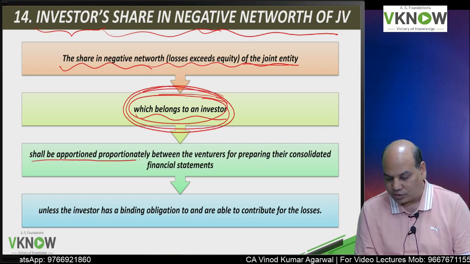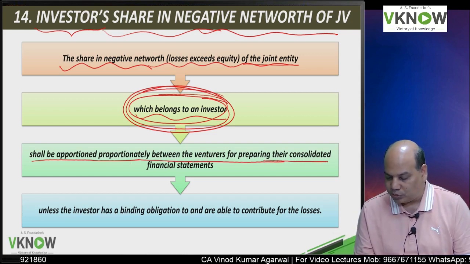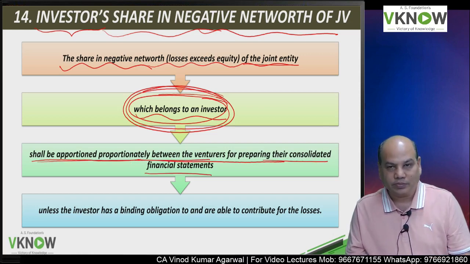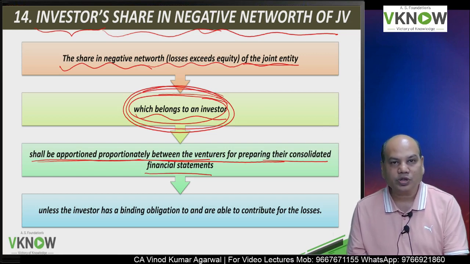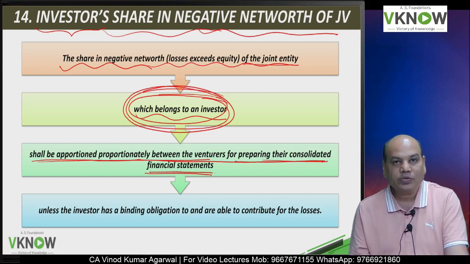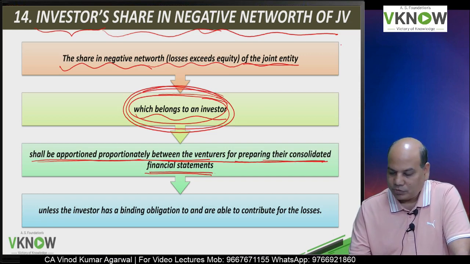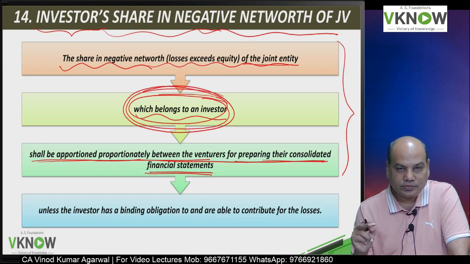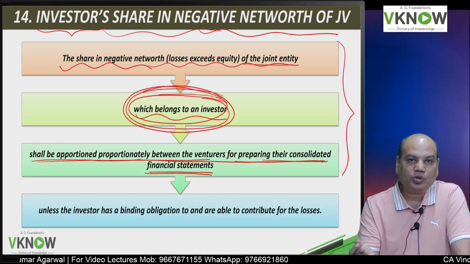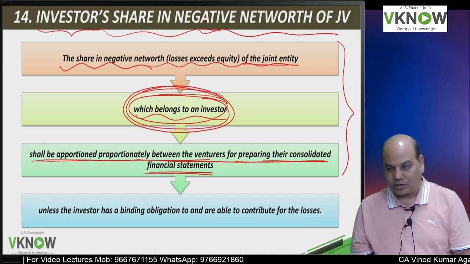So his share in losses will be apportioned between the venturers proportionately when the venturers prepare their consolidated financial statements. The reason is that the investor will not bear losses more than what he has contributed. Therefore, his share in losses will have to be borne by the venturers while preparing the consolidated financial statements.